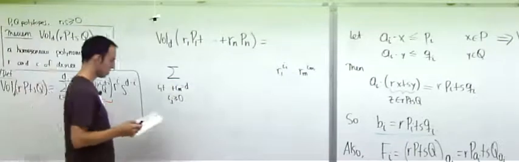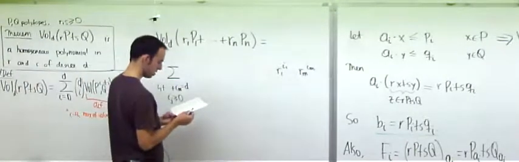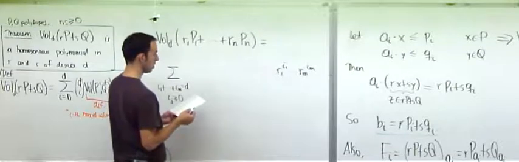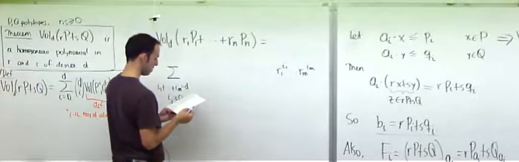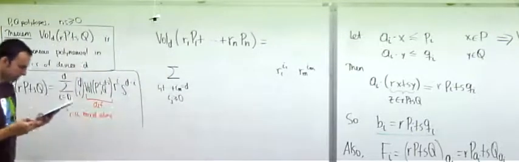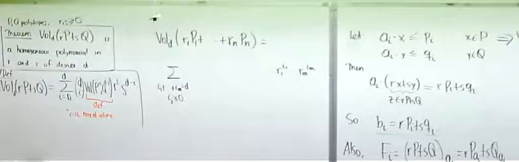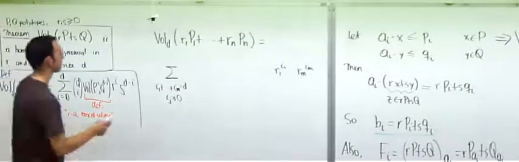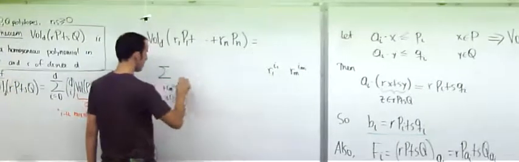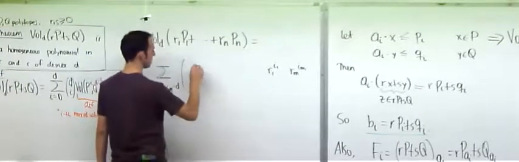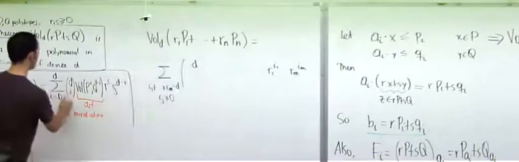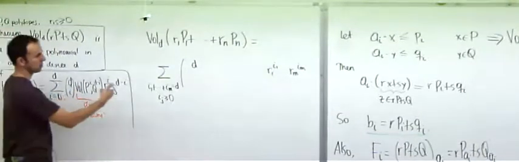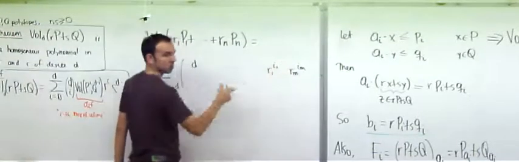And then what you're going to get is something similar, except that now instead of a binomial coefficient, we would put the multinomial coefficient that goes with this.